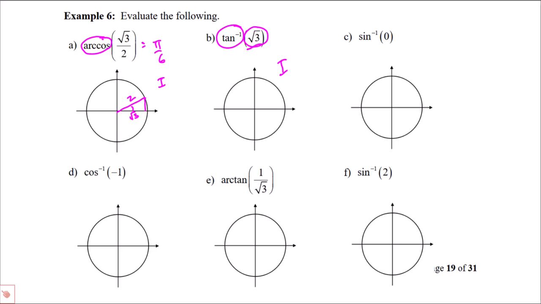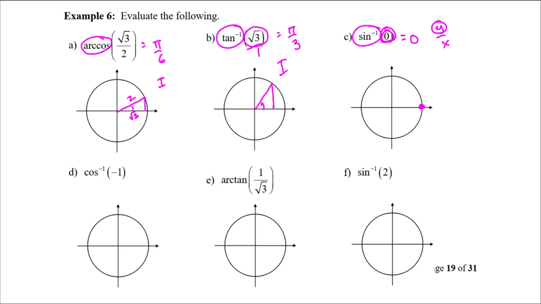Root 3 over 1. The opposite is root 3. The adjacent is 1. That's that bigger angle that I know. That's pi over 3 or 60 degrees. Looking for the angle whose sine is 0. Well, sine is y over r. For that fraction to be 0, y has to be 0, and y is 0 there. So this is the 0 angle.